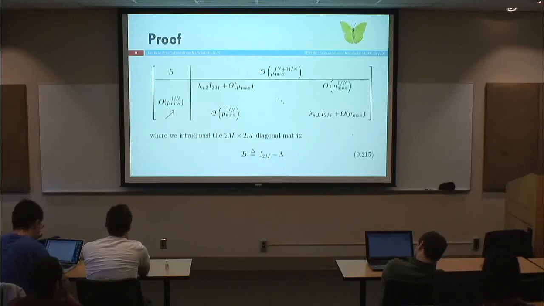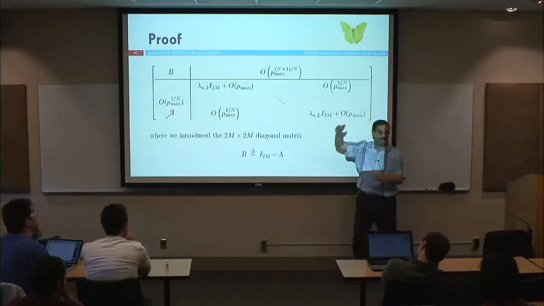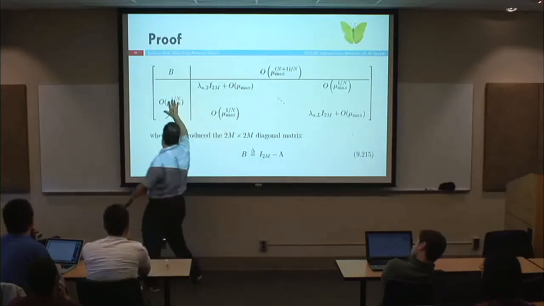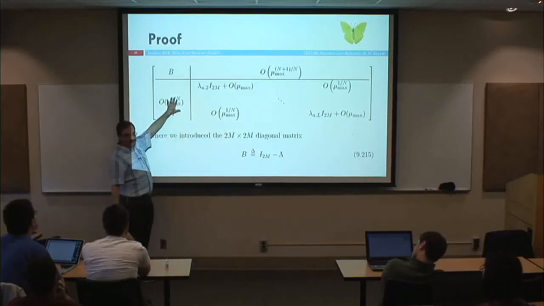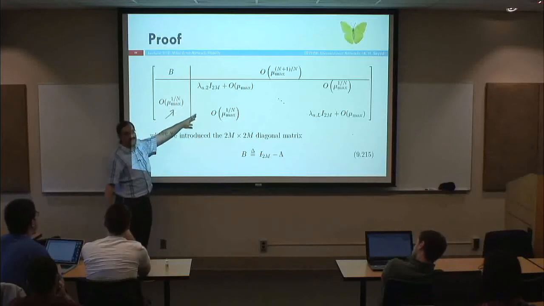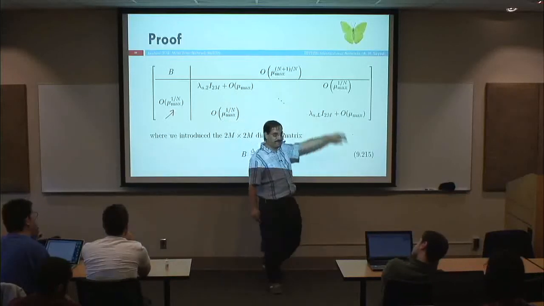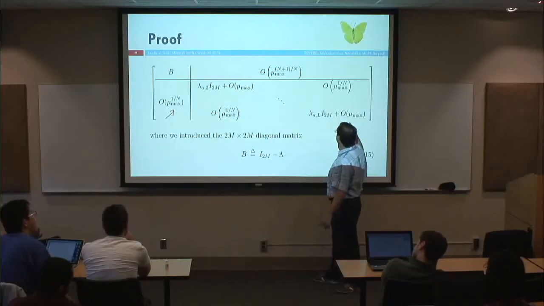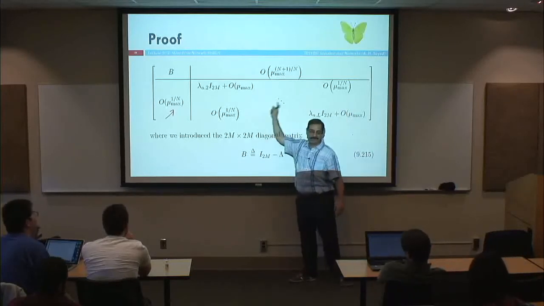And that one, the square root of mu, is bigger than all the other entries on this column. So this one dominates. That's all I need to know, that this column is dominated by an entry of this size. Then you can do the rest. The first row is dominated by an entry of that size. The diagonals will have entries of this type, and the off diagonals are dominated by entries of that size.